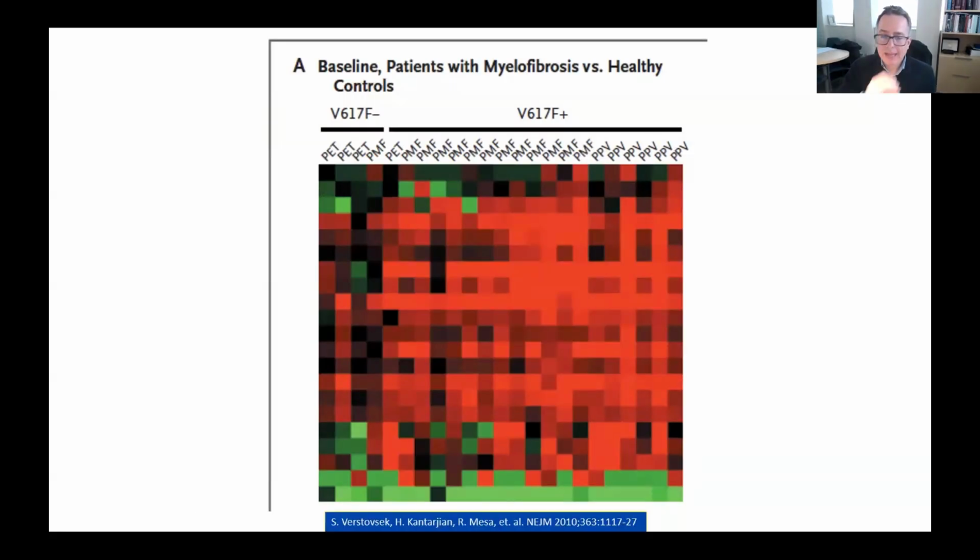I show you this plot just to make a really, I think, important point. This is called a heat map, and this is from one of the original publications of Jakafi. And at one point, when we first started using Jakafi, it was just called INCB 18424.